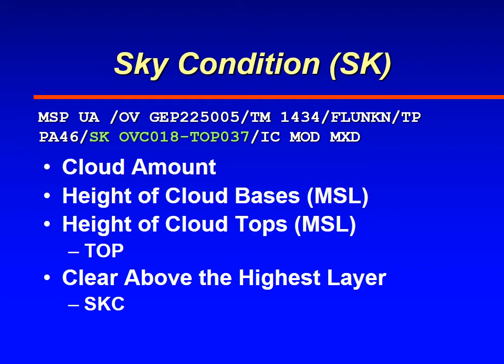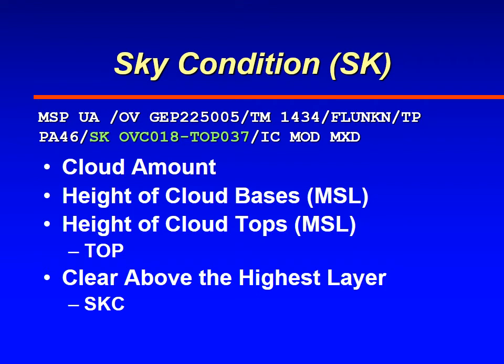Next comes the sky condition, SK, and what pilots need to do is estimate how much of the sky is covered with clouds. And we use octas, kind of estimate whether it's few, scattered, broken, or overcast. All cloud heights in pilot reports are measured in MSL, above sea level. And that's very important, and that gets confused because in the METARs they're measured AGL.